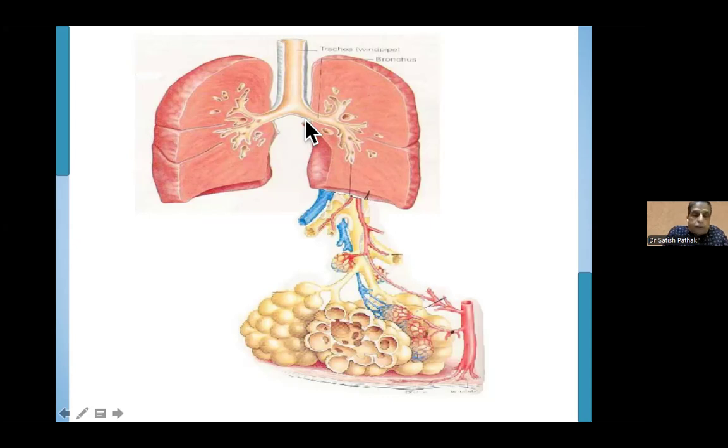Now, 1 minute. When the blood circulation will improve, what are the contents of the blood? RBC, WBC, white blood cell.